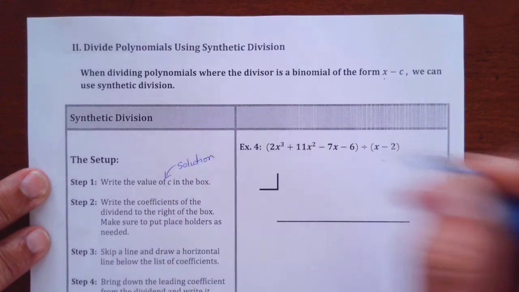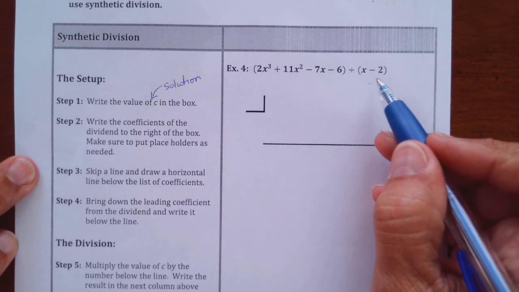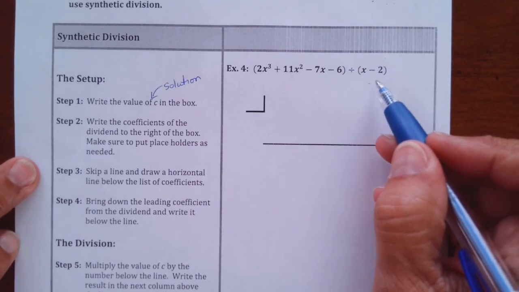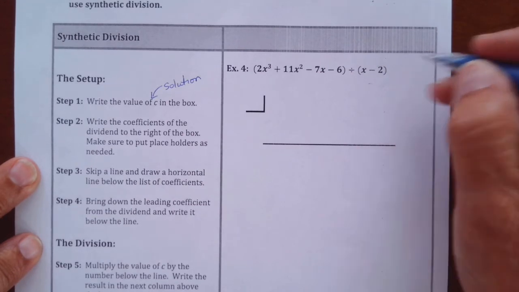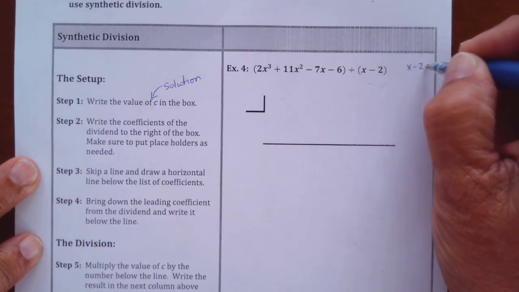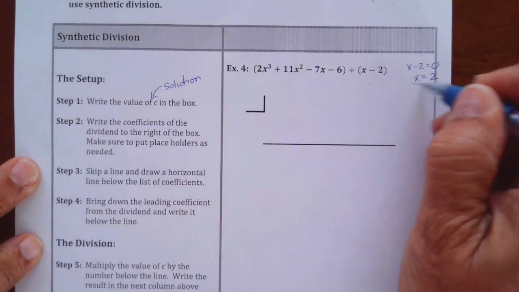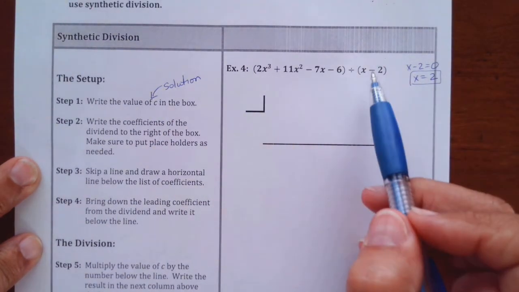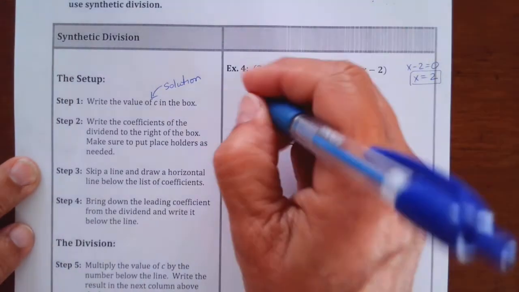C is the solution. So think about, if I asked you what is x equal to, remember we set the roots equal to 0. So it's kind of the same thing here. If x minus 2 is the factor, then if you set x minus 2 equal to 0 and solved it, you would get 2. That's the number that goes in the box, okay? So it's always the opposite sign of what you have in your factor. So we would put the 2 in the box.